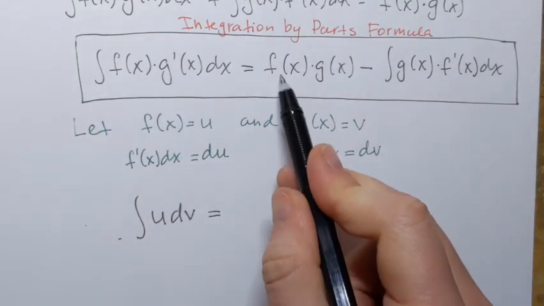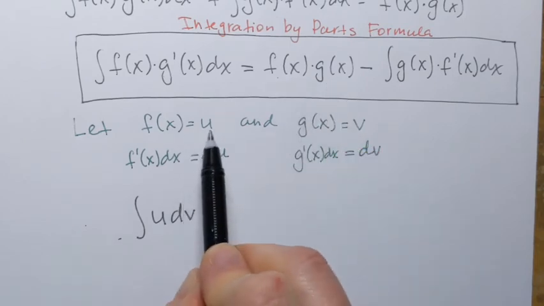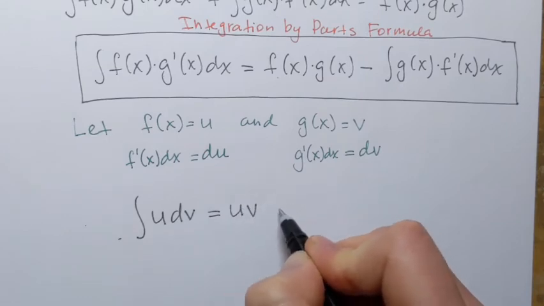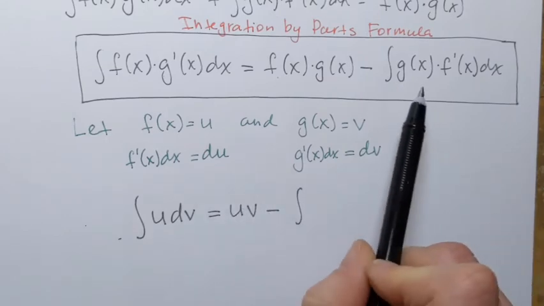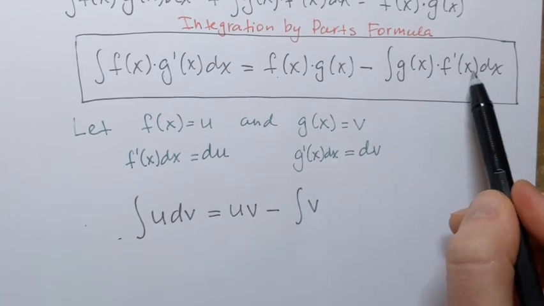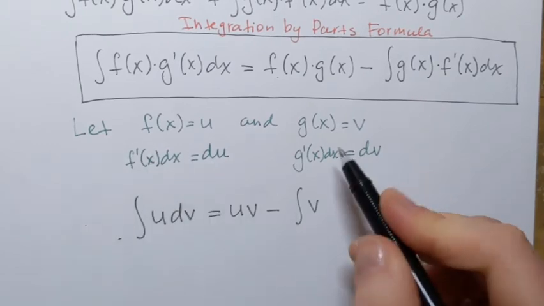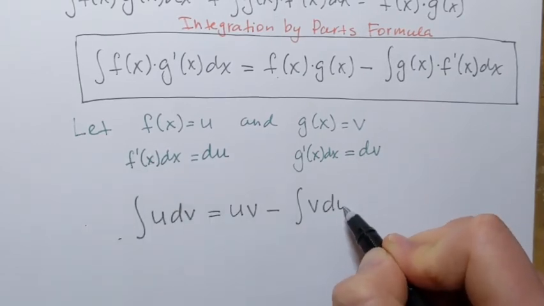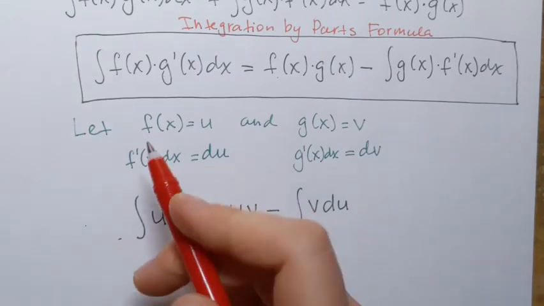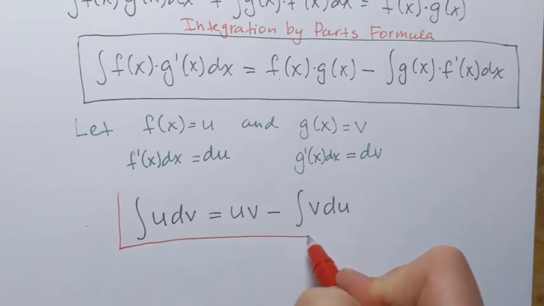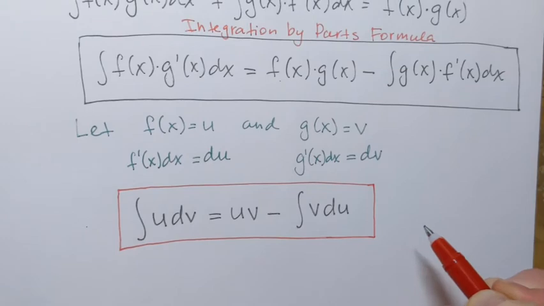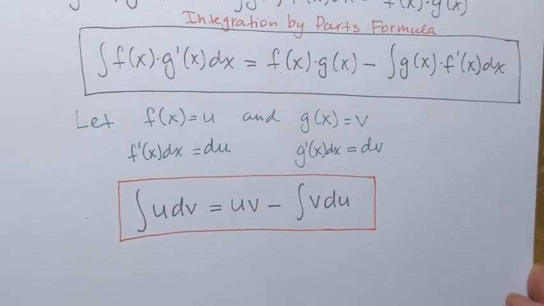Equals the right hand side, f of x times g of x, so it's simply u times v, u v minus, and then this integral will contain g of x, that's v, and then f prime of x dx, that's du, which will represent the derivative of function f, right? Okay, so that is the simpler version of that formula, and that's something that we're going to be using in the examples.